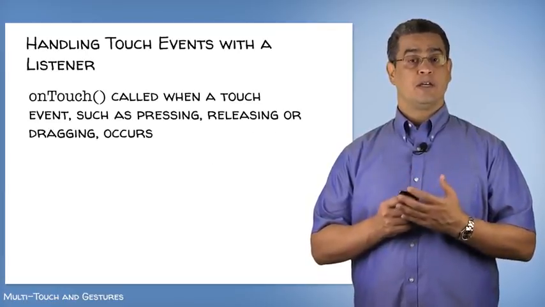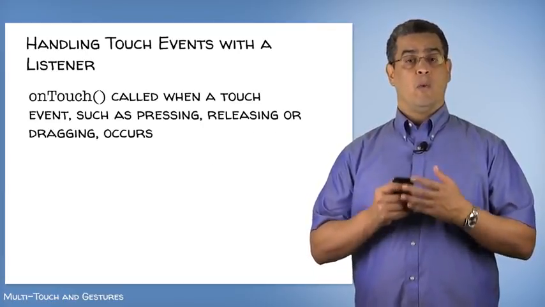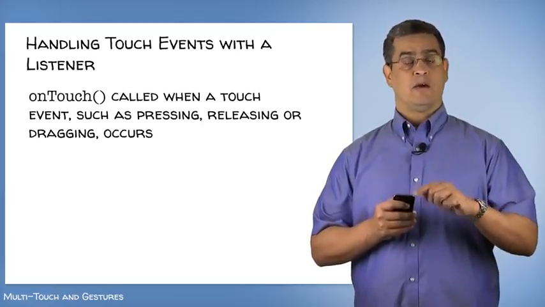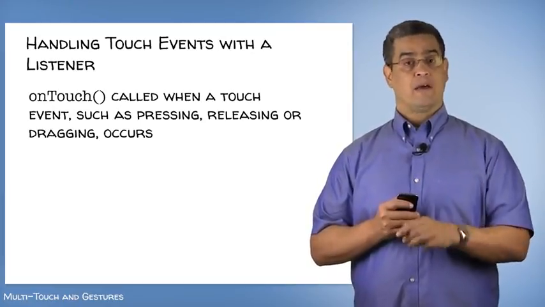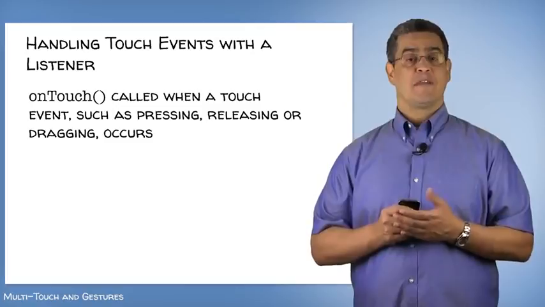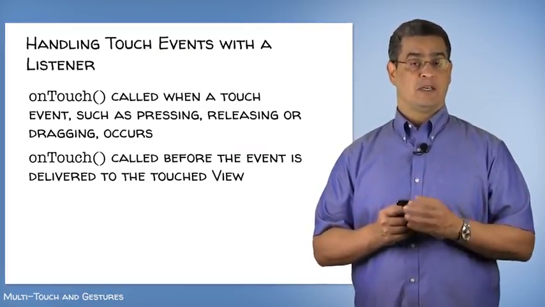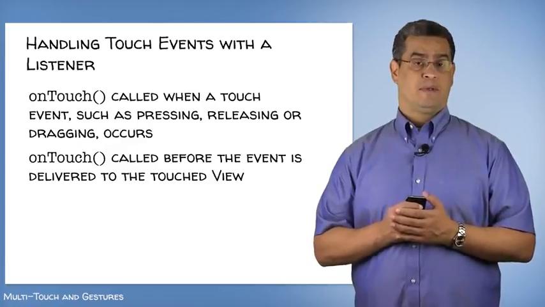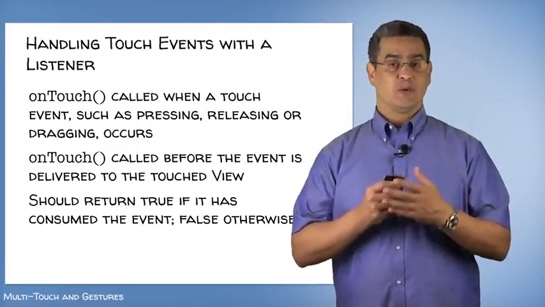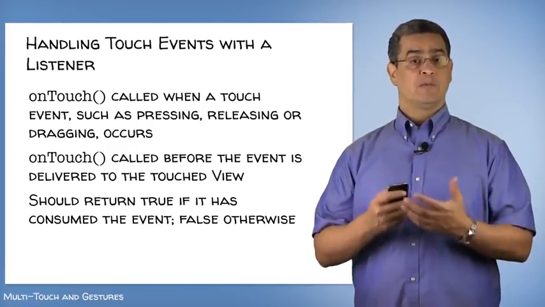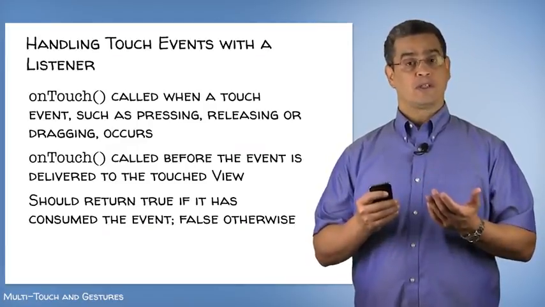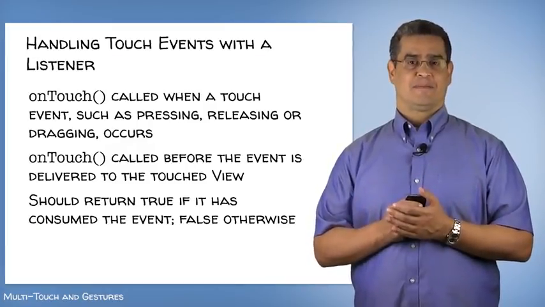The listener's onTouch method will then be called when an event such as pressing, releasing, or dragging occurs. And this method will be called before the touched view gets a chance to handle that touch. And again, onTouch should return true if it consumes the motion event, or false if it doesn't.